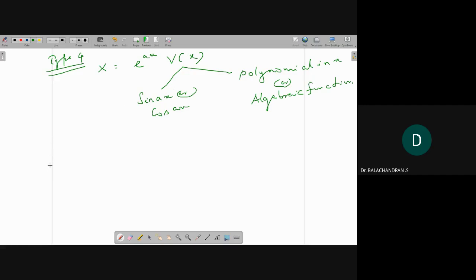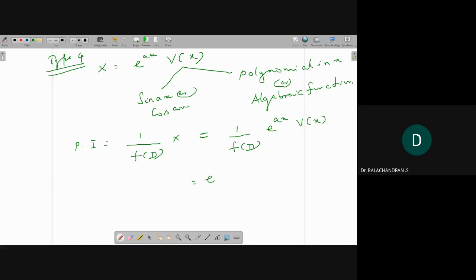Okay. So now I'll tell the rule for finding the particular integral. Particular integral equals 1 by f of D into capital X. What is capital X? The capital X is e^(ax) into V of x. So now the rule is, you should replace D by D + a.